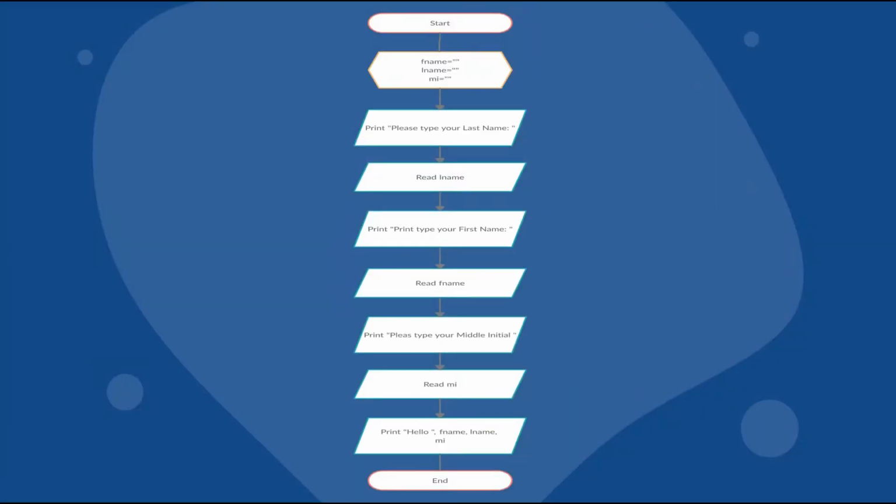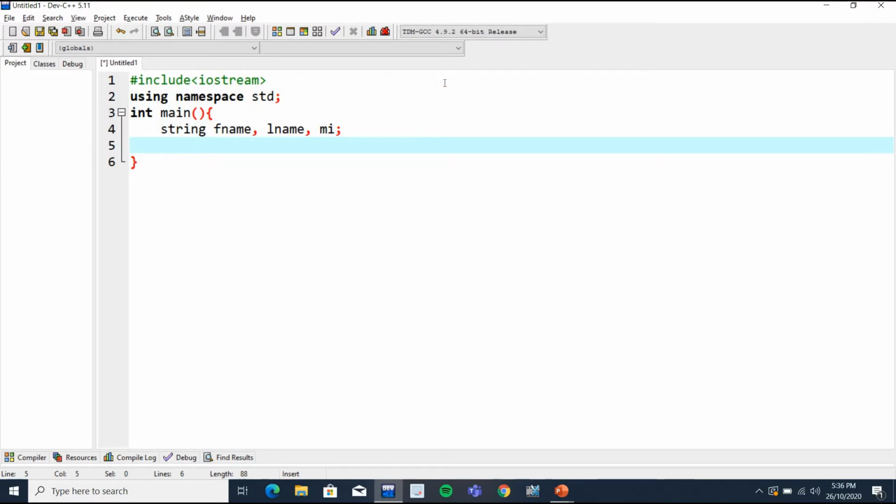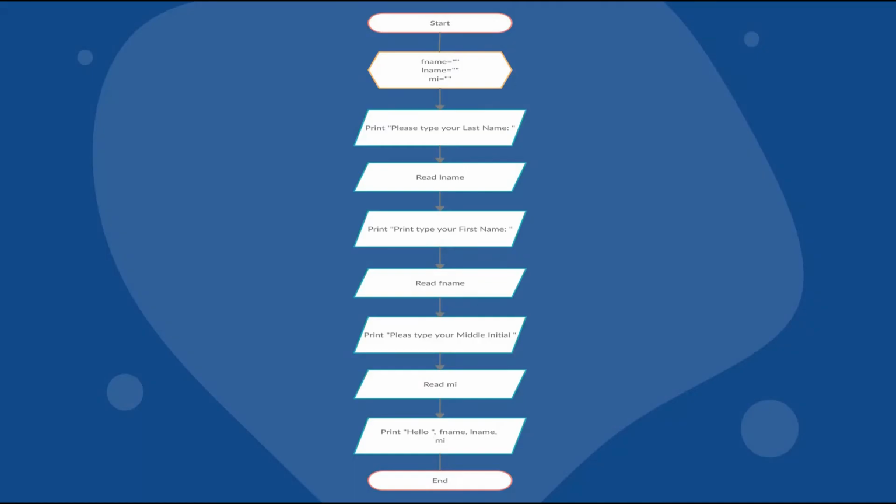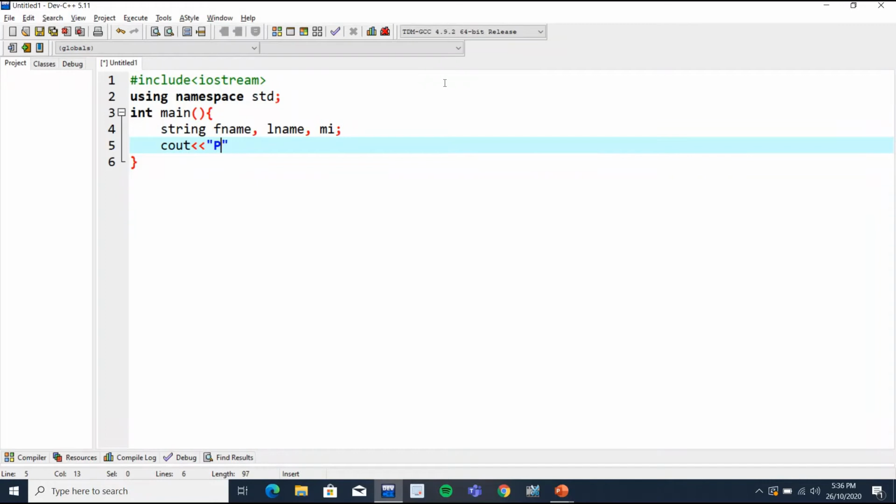Next po is kailangan nating makuha yung mismong last name ng ating user. So, ang ilalagay po natin is cout, and then please type your name, type your last name.